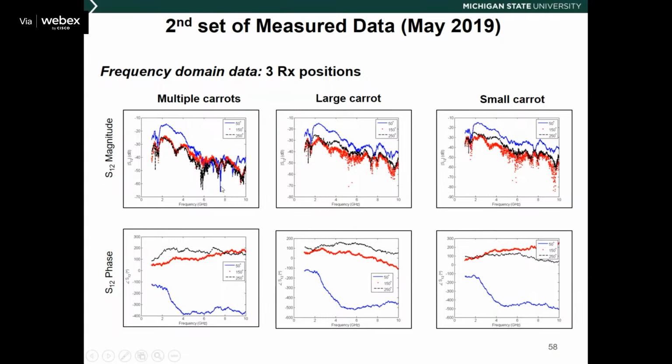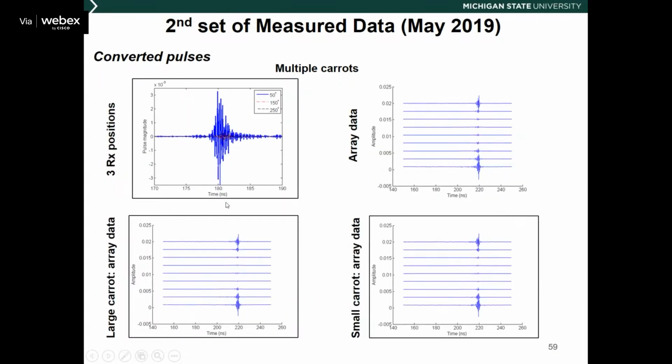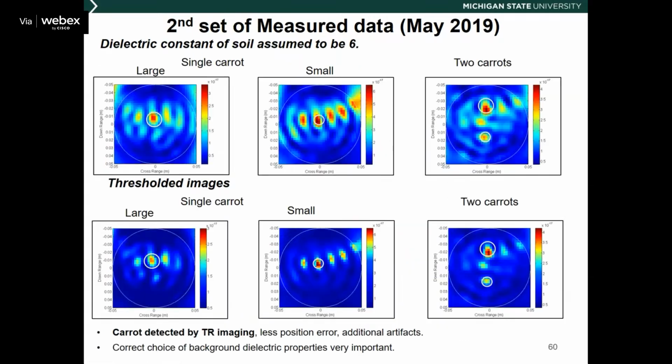Here again, still carrots. With the signal processing of this array imaging, you can see the array data at different angles. And you can clearly see the angle dependency. Still, from a time domain signal, it's very difficult to see the difference. And we can use time reversal to reconstruct the data.